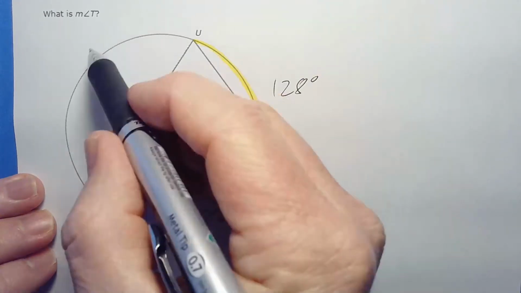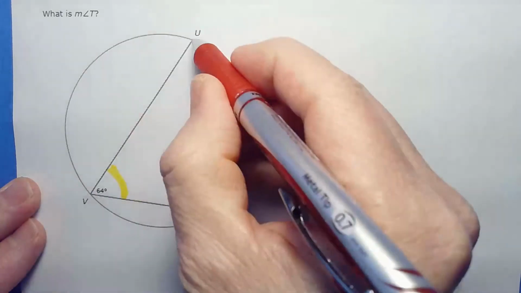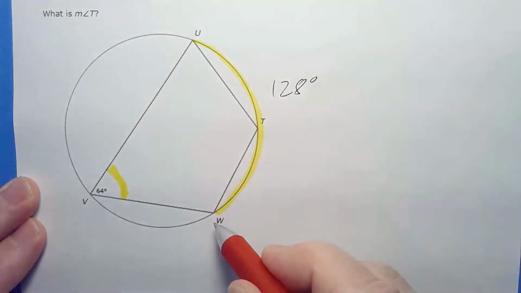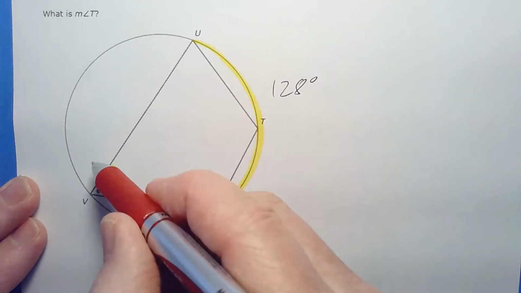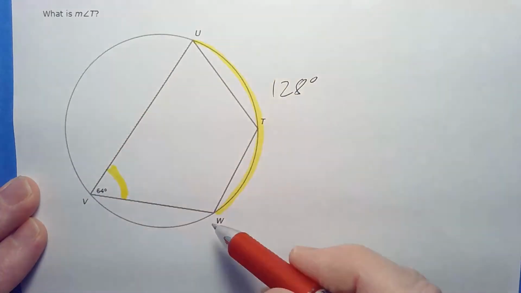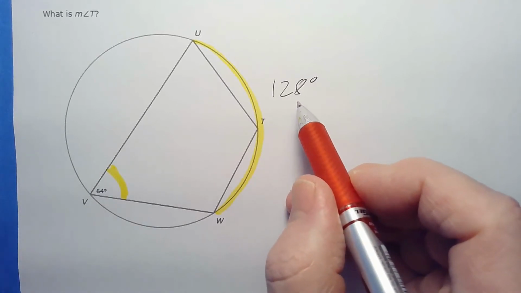Now, if we look at the full circle, we know that a full circle has 360 degrees. So if we think about the measure of the major arc, right, this is the minor arc, the major arc from U to W, which we would call UVW, because it's going this way, is going to be 360 minus 128.